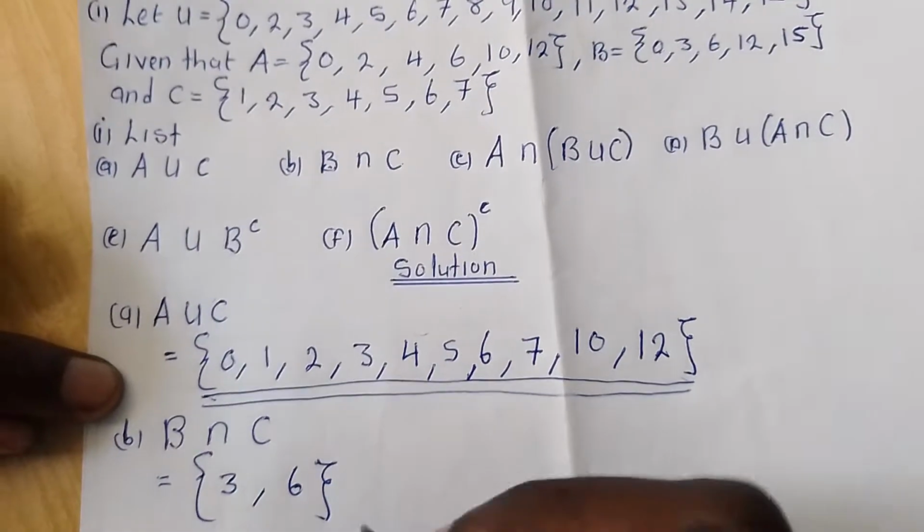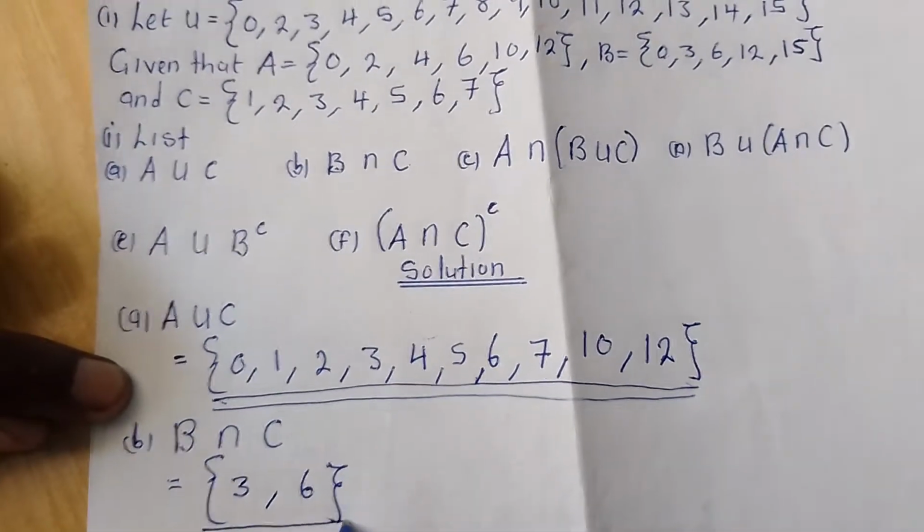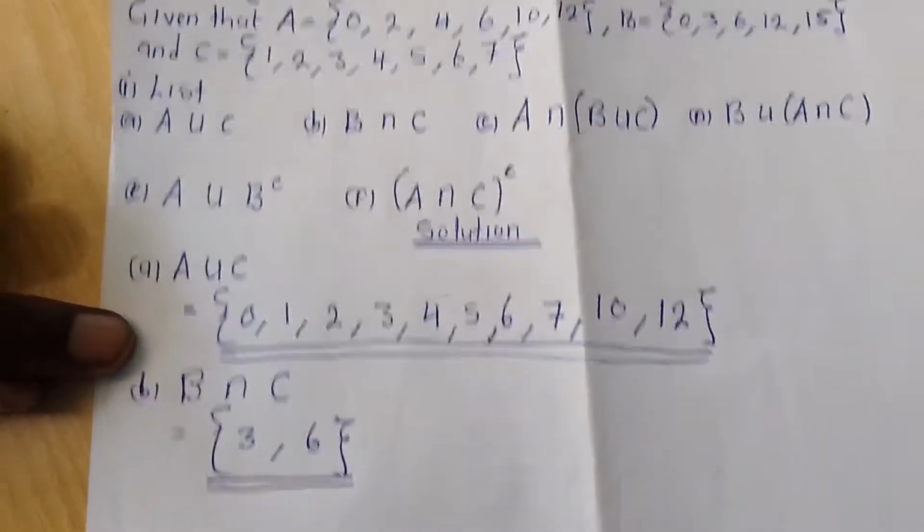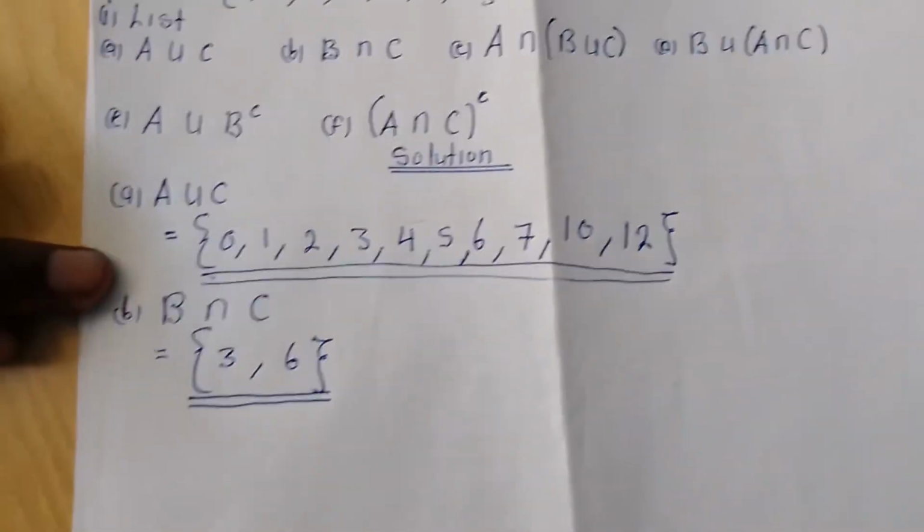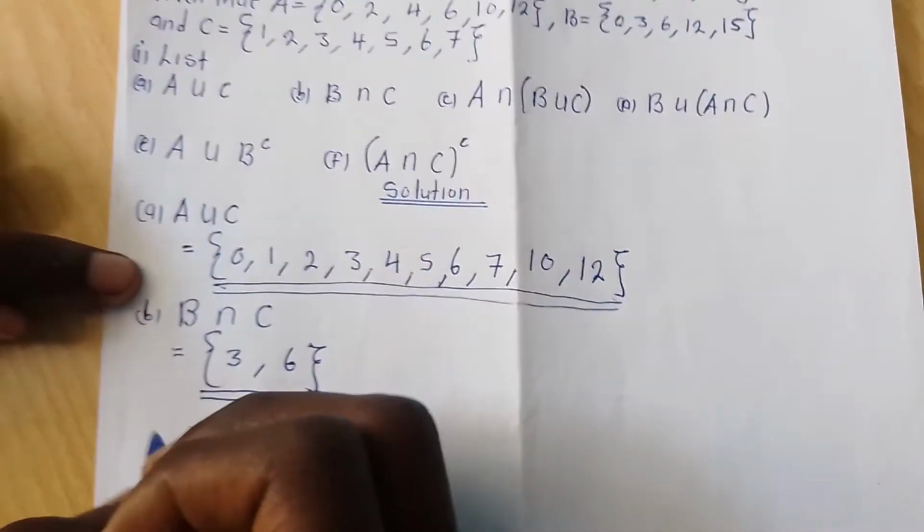So these are the only intersecting elements found in B and in C.